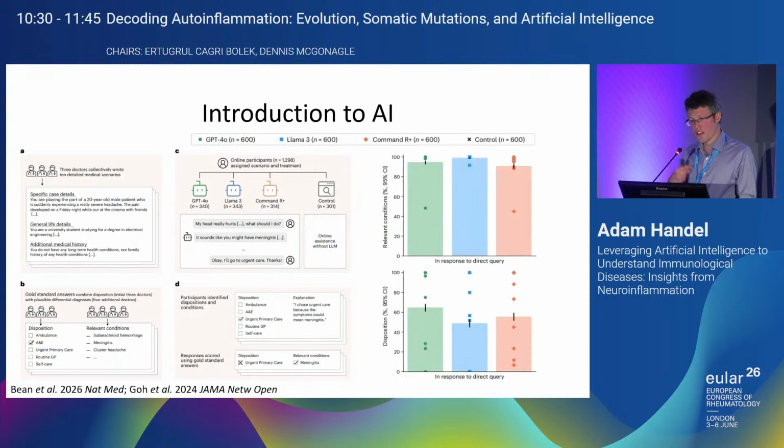And when you give the AI some vignettes written in the same way as the training data, but not known to it, it's really quite good at predicting the diagnosis and also relatively good at telling the patient what they should do.